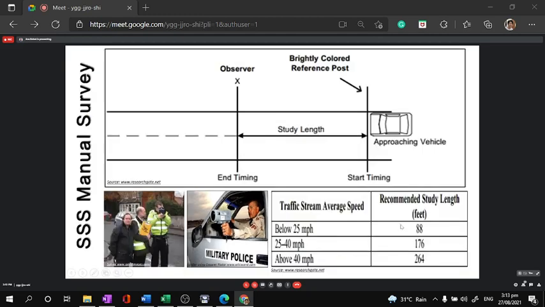Okay, speed limit is done with respect to track length. So kung magamit kag speed gun, you have a recommendation length because ang isa ka section should be usually mid-block ni siya, no? Mid-block of a roadway na kay study length, which is recommended study length. And then ang imong position is that naay marker sa starting and end line.